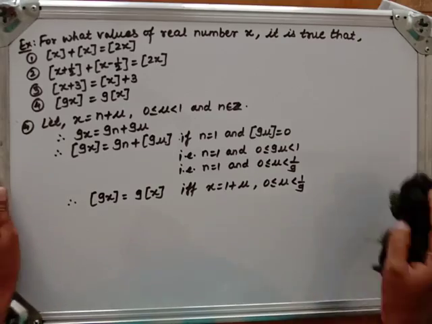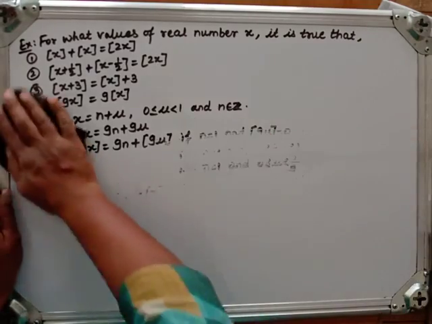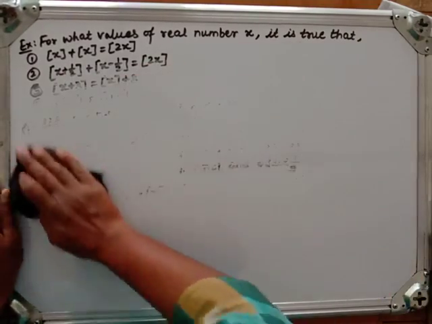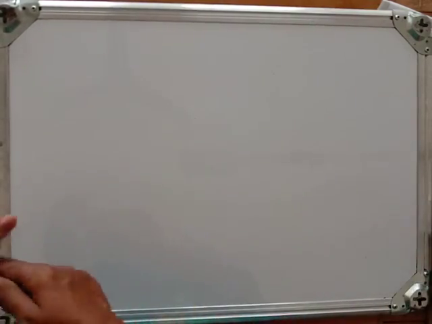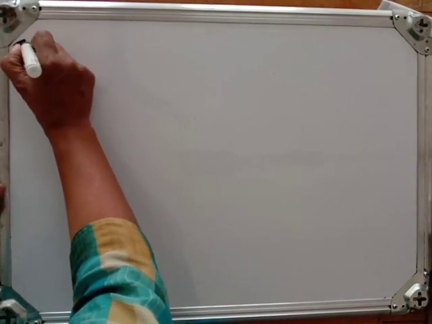Let's take one theorem that gives the highest power of p such that p raised to alpha divides n factorial, and we will take examples of that kind. Okay, theorem.